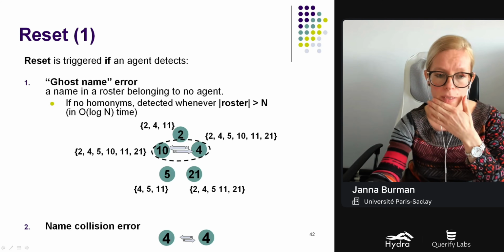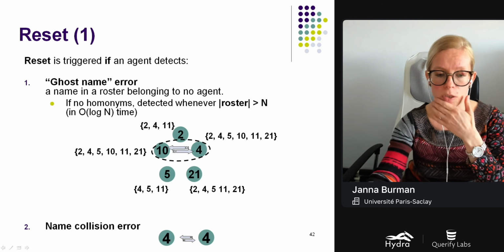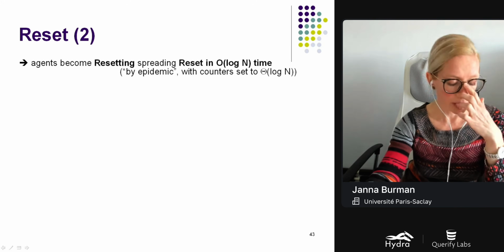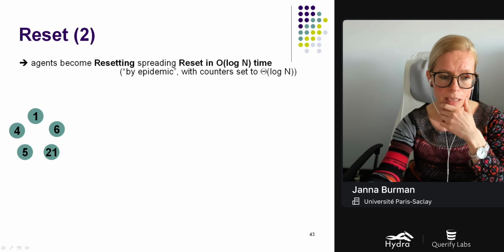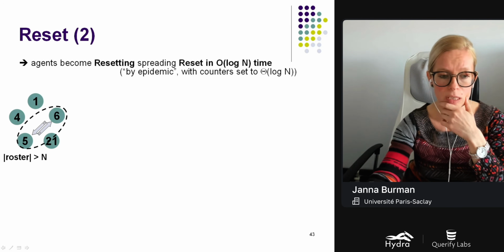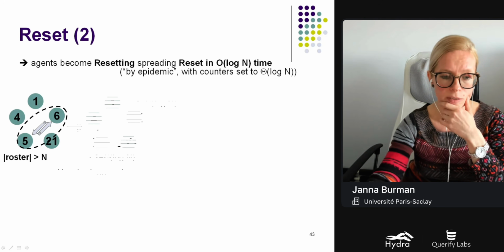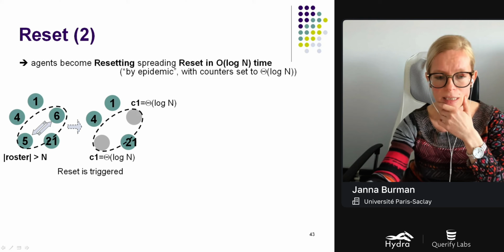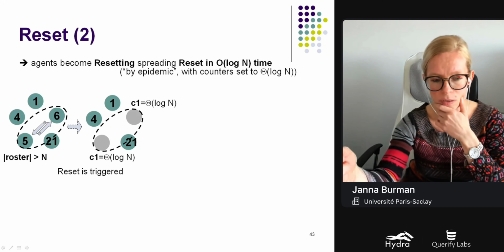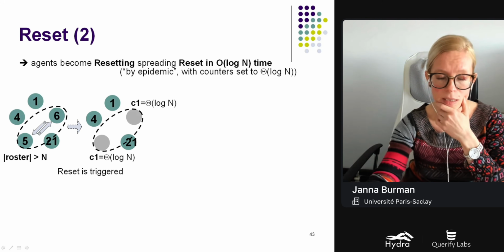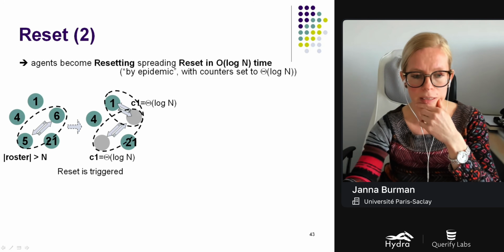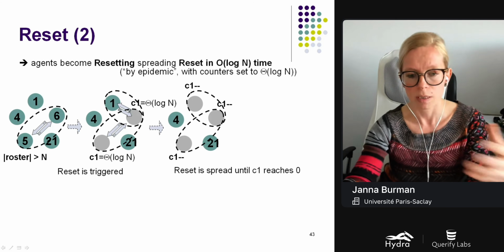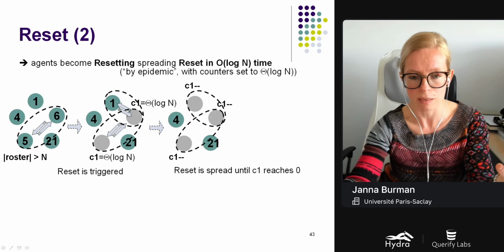But before that, what happens during the reset? We trigger a reset in some particular cases, and the 2 agents that meet and detect a problem move to the resetting state, and they start a counter of a logarithmic size, which is decremented each time during the propagation of the reset.